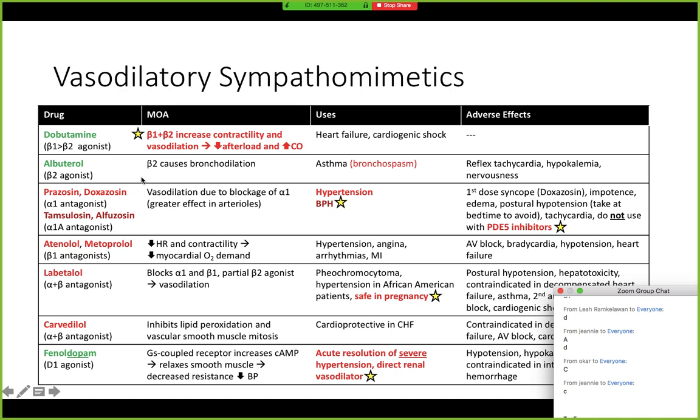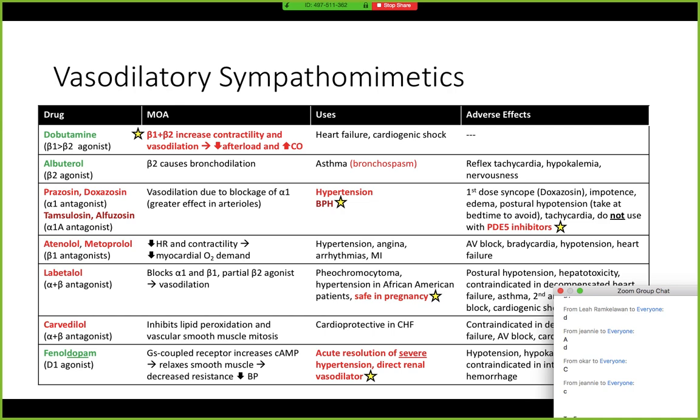And then also, albuterol, that's your beta 2 agonist. So if you remember what happens when you activate beta 2, it results in bronchodilation. So albuterol is used to treat your asthmatic patients, which may have bronchospasms.